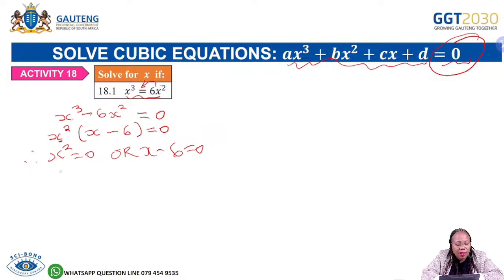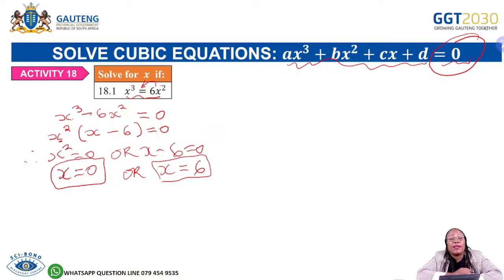So this is giving us x equal to 0, or x equal to positive 6. Those are the x values for this equation. So that means if you sketch this graph, you'll have your x-intercepts. These are the x-intercepts of this equation.